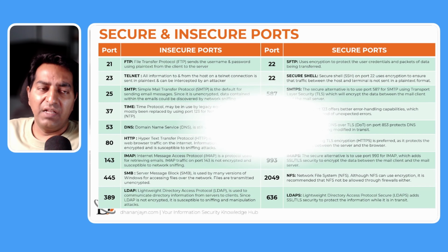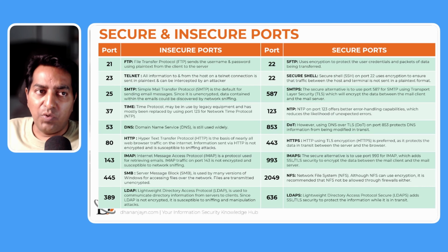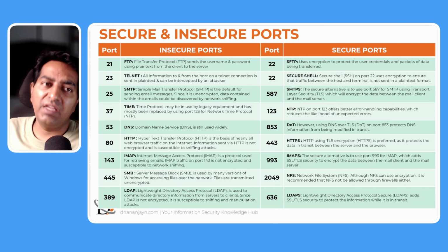So these are some of the secure and insecure ports that I have captured. I would request you to go through these ports. Remember, the ports mentioned on the left side are the insecure ports. If you happen to use these ports in any of your applications, web services or servers, please try to replace them by securing the connectivity. So instead of using 21, you can use 22.